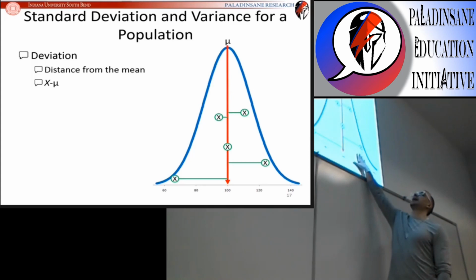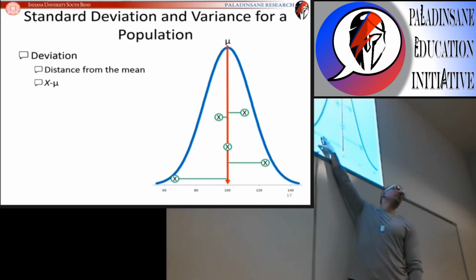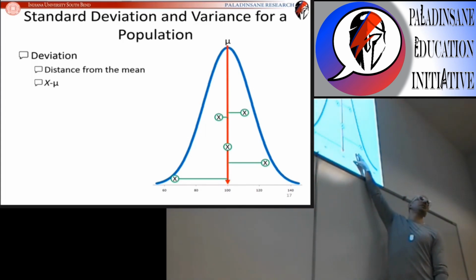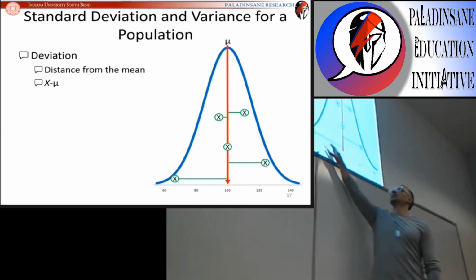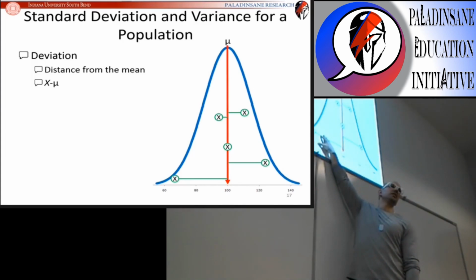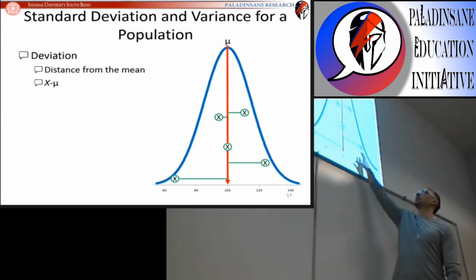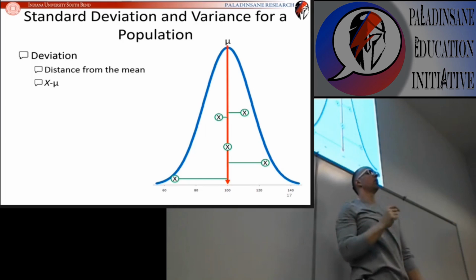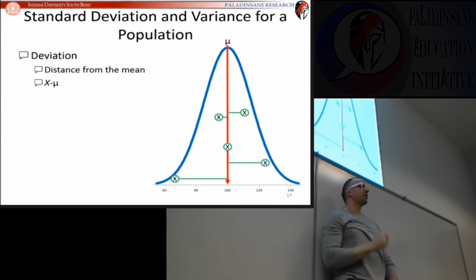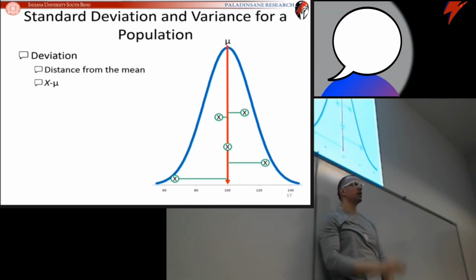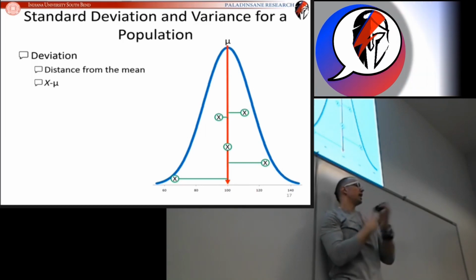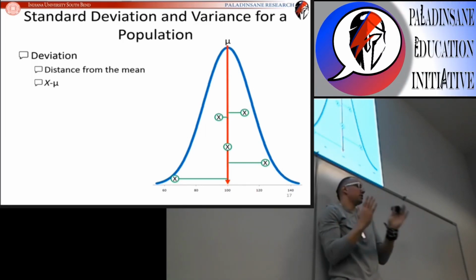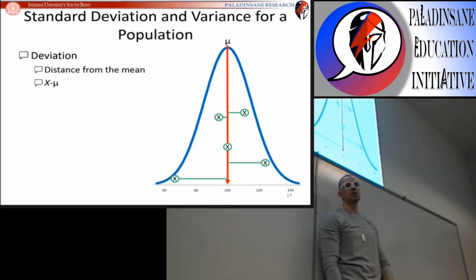That means that the weight of scores on this side equals the weight of scores on this side. To put it another way, the size of the deviations on this side are going to exactly equal the size of the deviations on this side, which means that when you add up all the positive deviations and you add up all the negative deviations, you will always get 0. So the average deviation for any population is always 0. So we can't use average deviation to measure the spread because all the deviations cancel each other out.